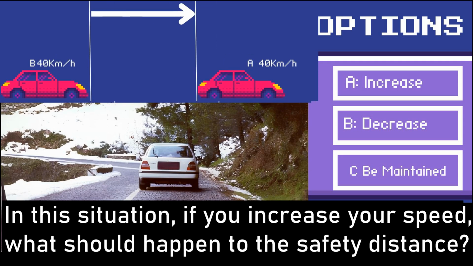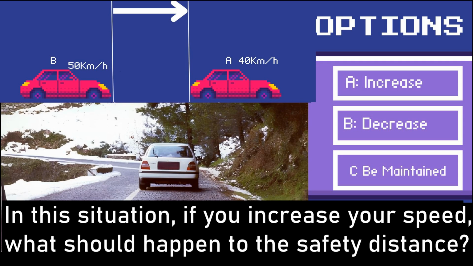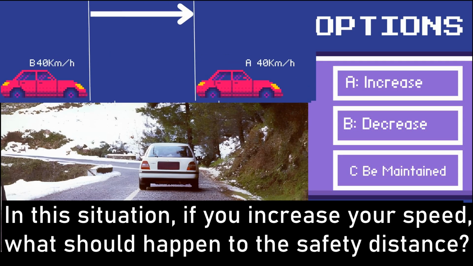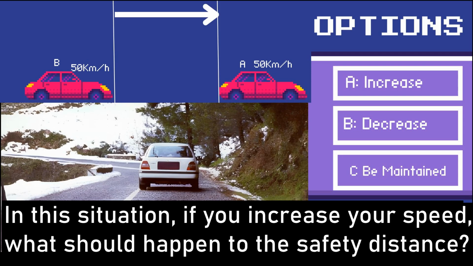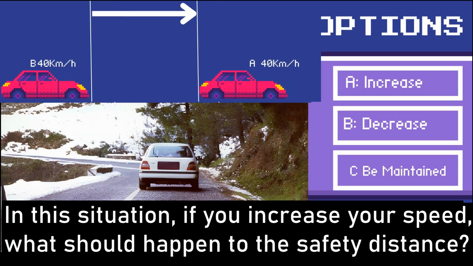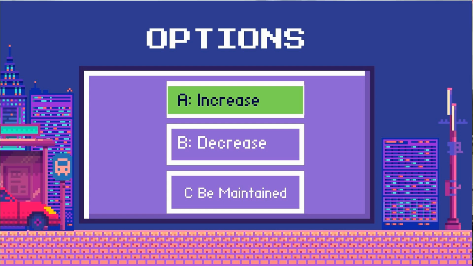If Vehicle A doesn't increase its speed, then Vehicle B must overtake or reduce its speed again to that of Vehicle A. Whenever the speed increases, the safety distance must also increase to compensate for the stopping distance, and the stopping distance increases whenever the speed also increases. The correct answer is A, increase.